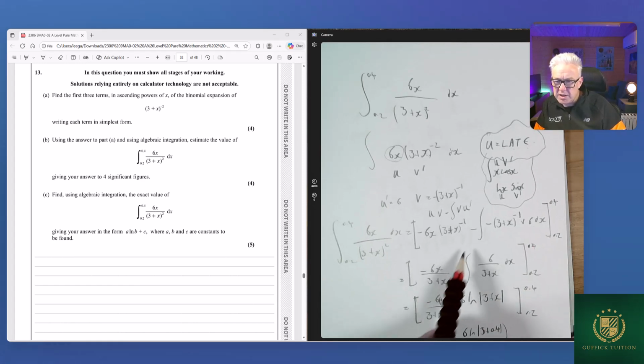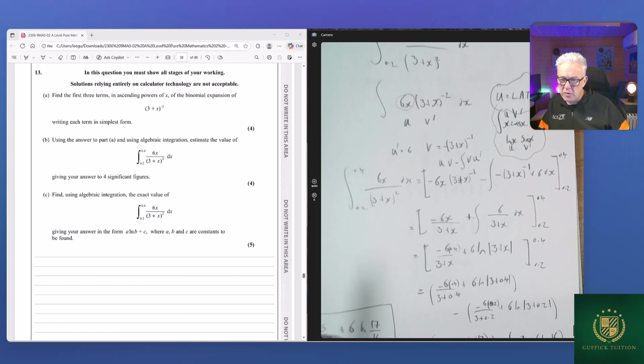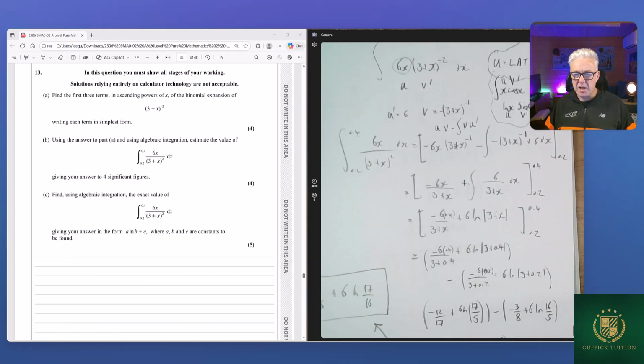Okay, so two minuses come together to make a plus. This is the same as 6 over 3 add x, and then this one's the same as minus 6x over 3 add x. So we've just got to integrate now this expression here, the 6 over 3 add x. And when we integrate 6 over 3 add x, it becomes 6 ln of 3 add x.